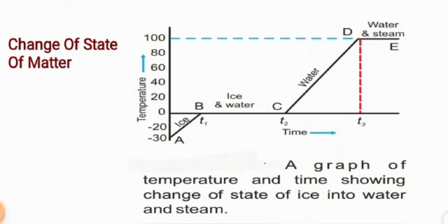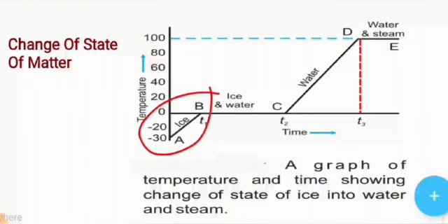Now students, look at this graph. This graph is of temperature and time, showing change of state of ice into water and steam. Students, look at the portion AB of this graph. On this portion of the curve, the temperature of ice increases from minus 30 degree centigrade to 0 degree centigrade.